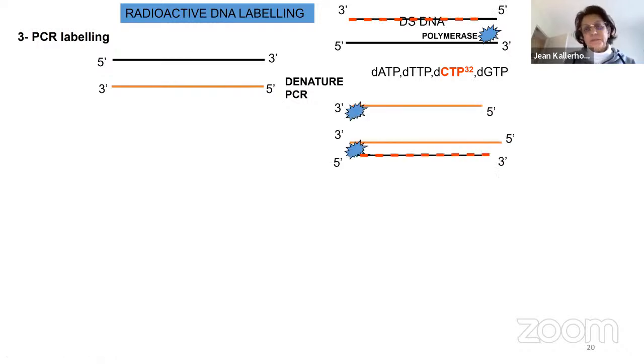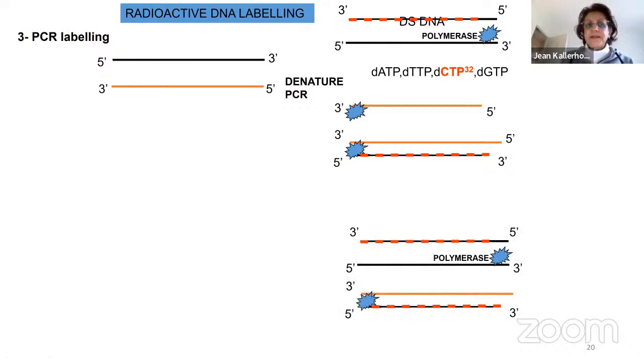Therefore, when PCR starts, each time the enzyme will encounter a G on the template, it will integrate a DCTP. So you can see that this one will be highly labeled very, very rapidly, and you can use it for detection of very minute quantities.